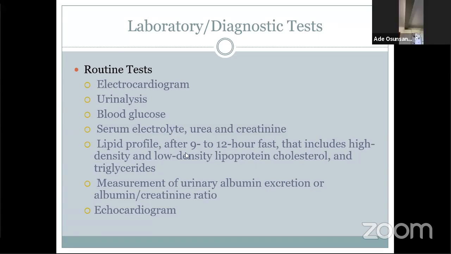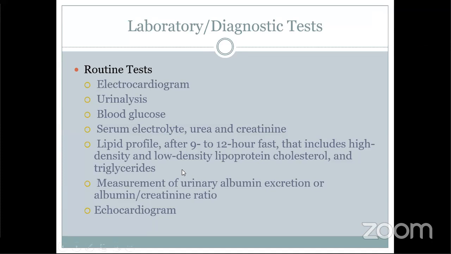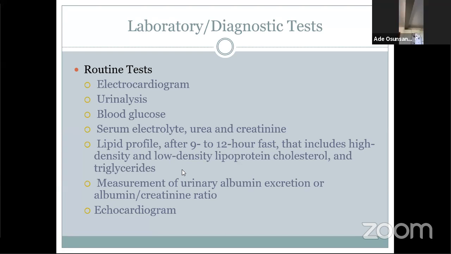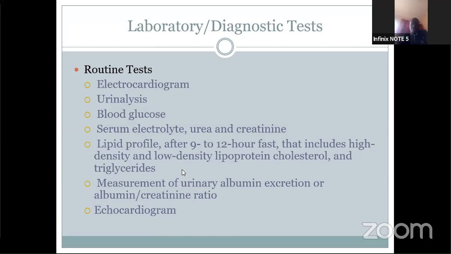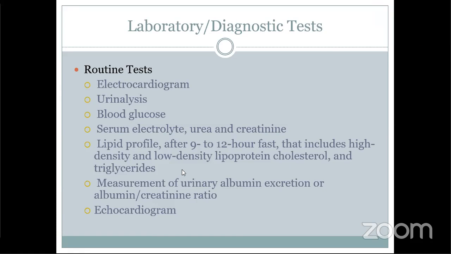Of course, we can also do urine tests. A lot can be picked up from urine tests. For example, the presence of proteins in the urine will point to the fact that the kidney is already being affected. Blood glucose, Dr. Jimmy spoke about blood glucose the other time, because many patients that are diabetic could end up becoming hypertensive. Likewise, many hypertensive patients could become diabetic.